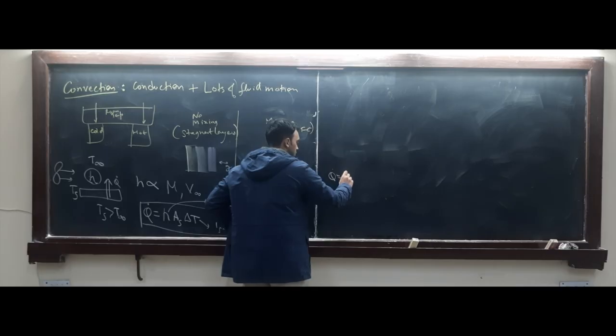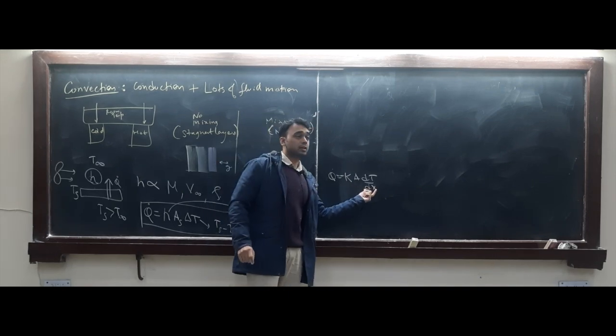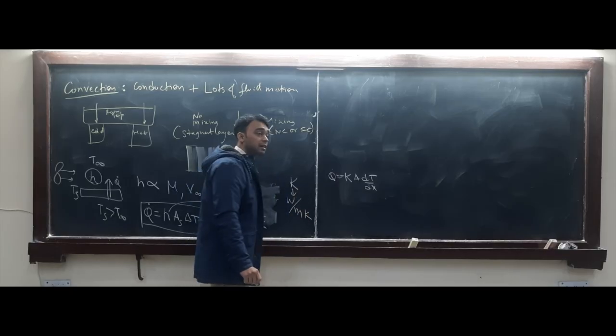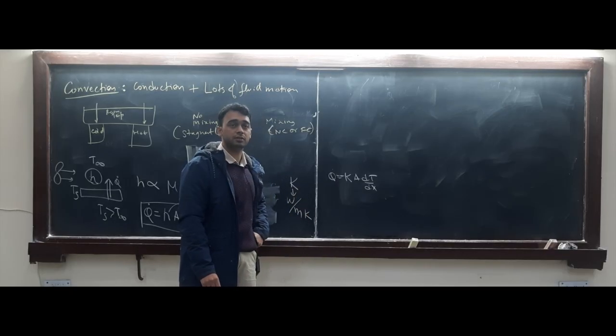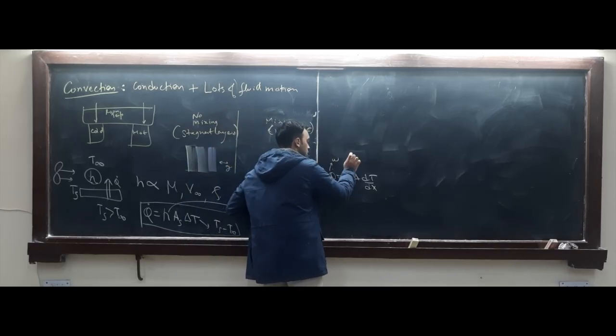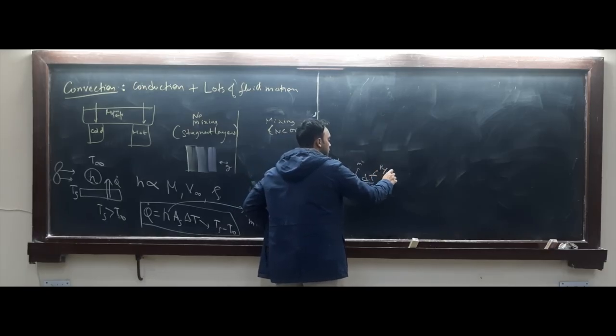Q dot was minus kA dT by dx. There is one length scale extra here. So this would be watt per meter Kelvin or watt per meter Celsius. Okay. So this is watt, this is meter square, this is Kelvin per meter. So this cancels out.